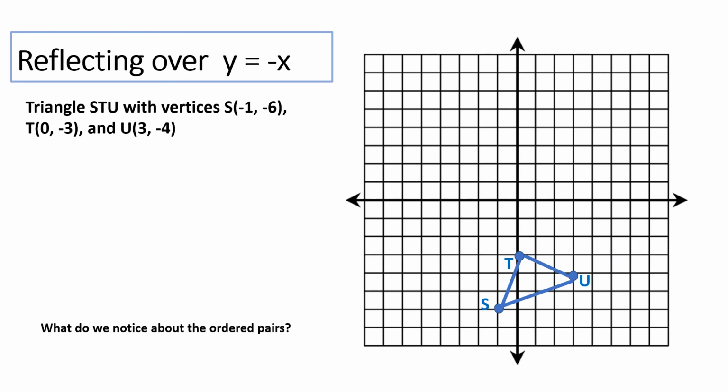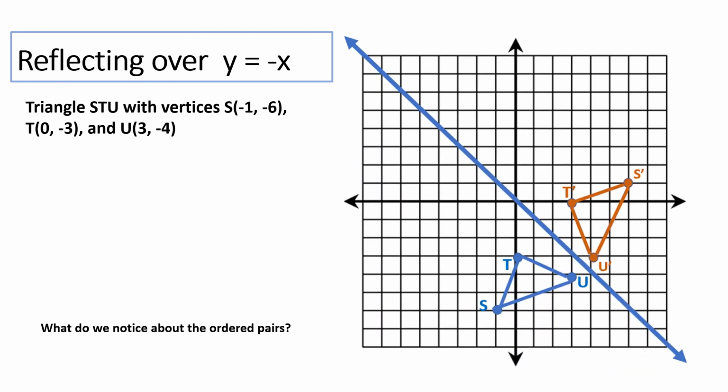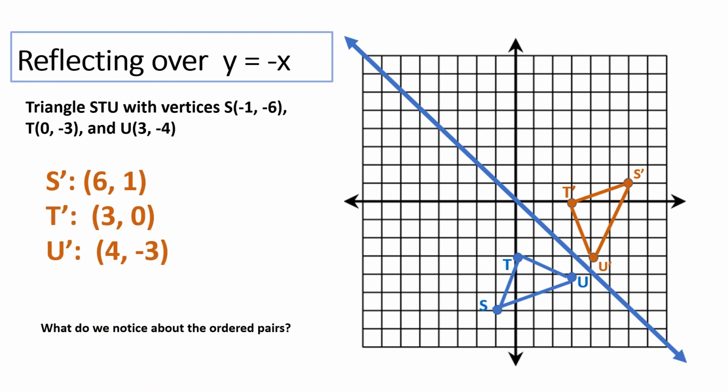Now let's reflect over the line y equals -x. So slope of -1 going through the origin. And I already have the image here and our new ordered pairs. What do we notice about these ordered pairs? Let's look at S. (-1, -6) changes to (6, 1). What happened? The x and y values flipped, but what also happened to the signs? The sign changed.